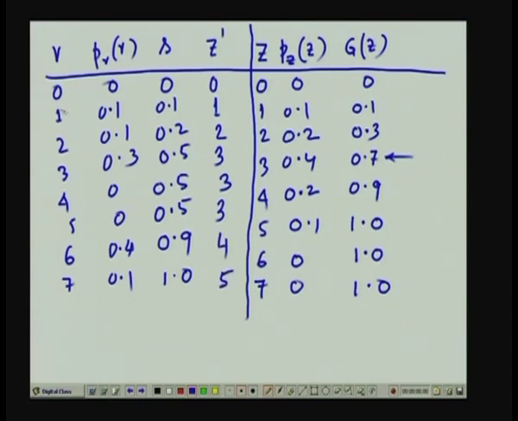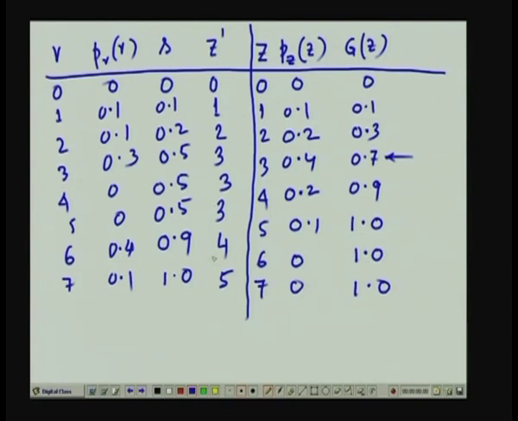So, for r equal to 0, the corresponding processed image will have an intensity value equal to 0. For r equal to 1, it will be equal to 1, for r equal to 2, the processed image will be equal to 2, and for r equal to 3, the processed image will also be equal to 3. But for r equal to 4 and 5, the processed image will have intensity values equal to 3.